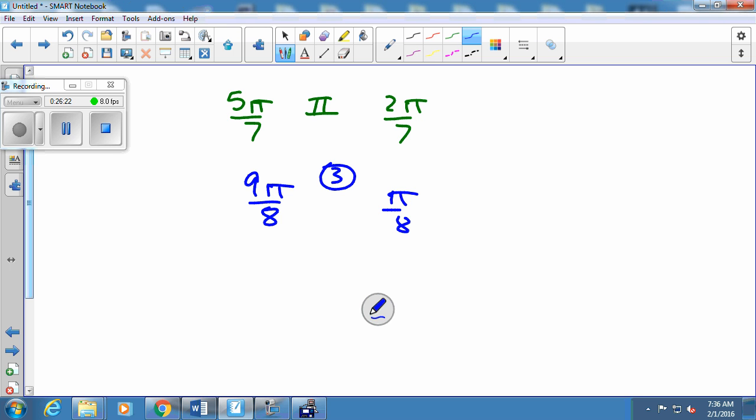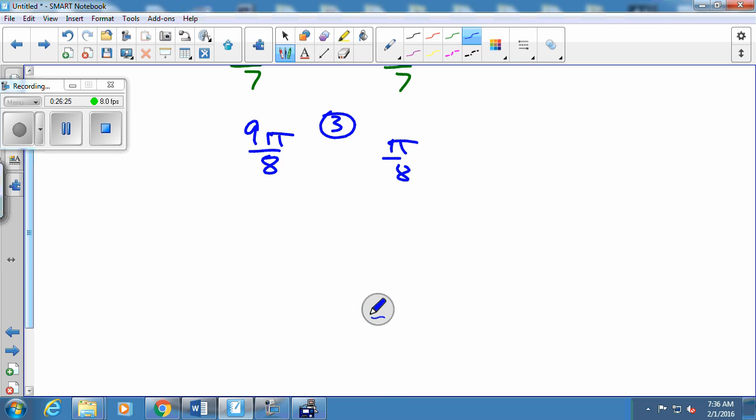Okay, so what if I gave you 21/11 of a pi? Where are you at? Is this bigger than 1? Do you agree it's almost 2? So what quadrant are you in?